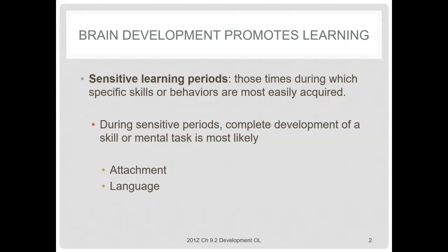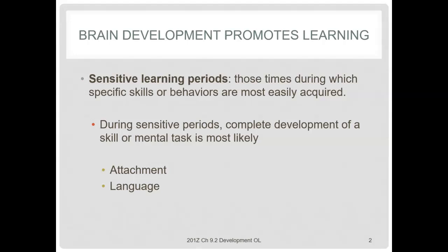So when it comes to language, we're born, we don't have the ability to speak. We develop the ability to speak very, very quickly. We become fluent within 3 years of birth in our native tongue. There is a sensitive learning period for language, and that is birth to 7.